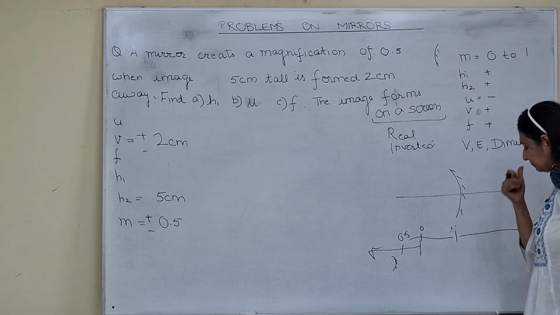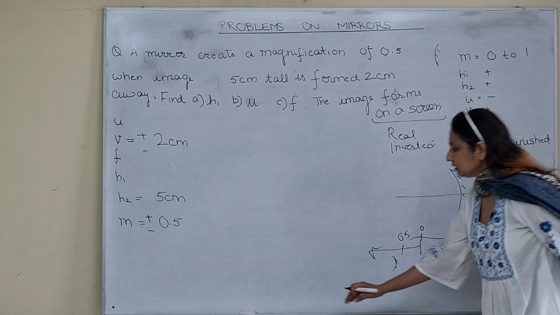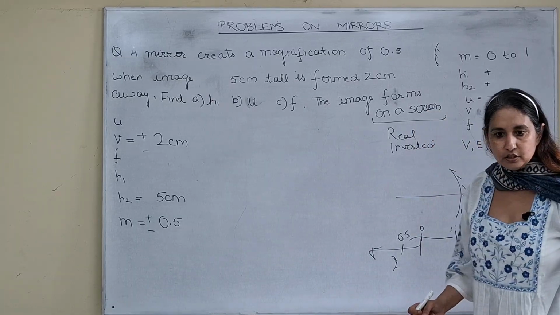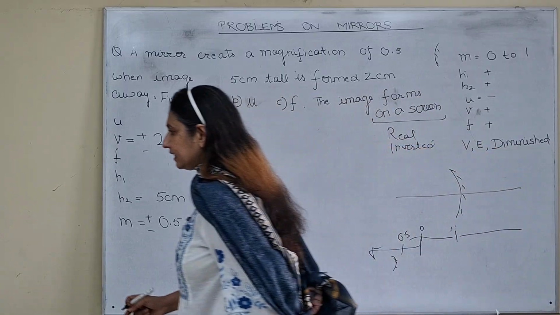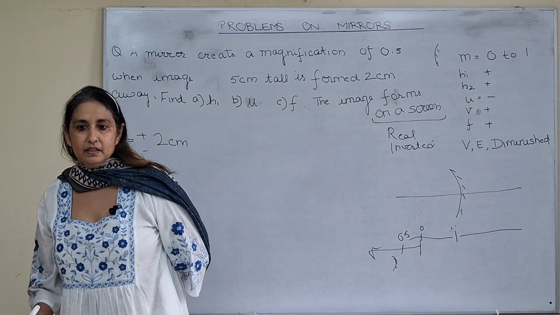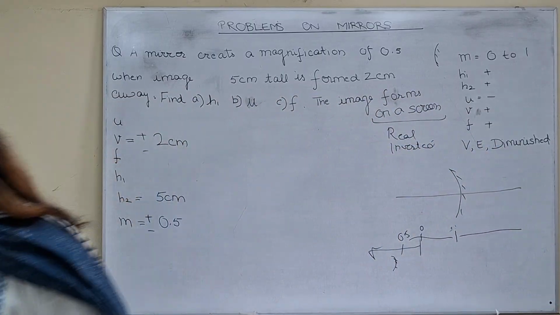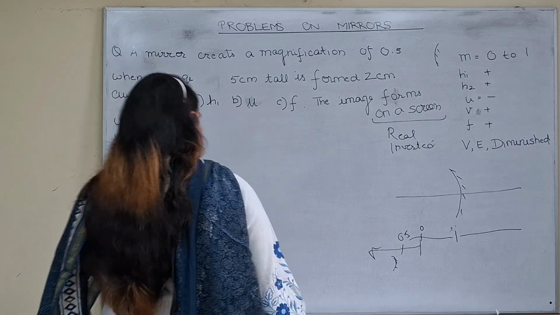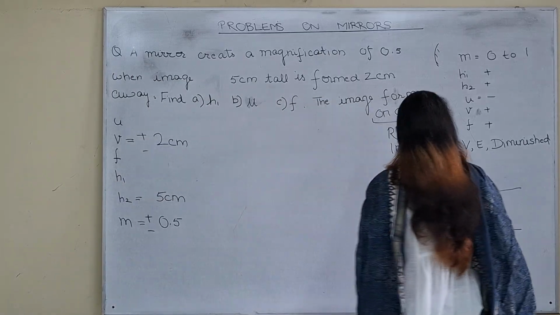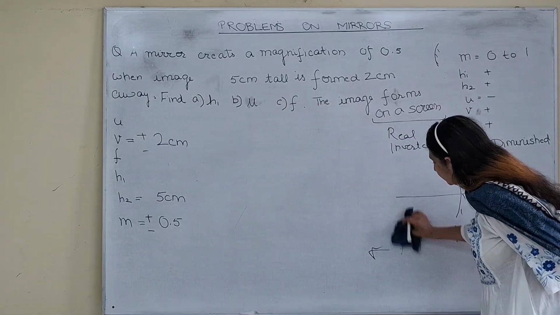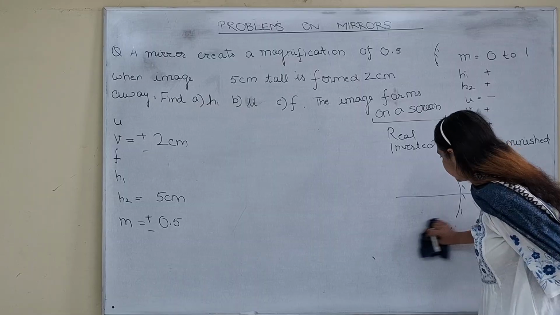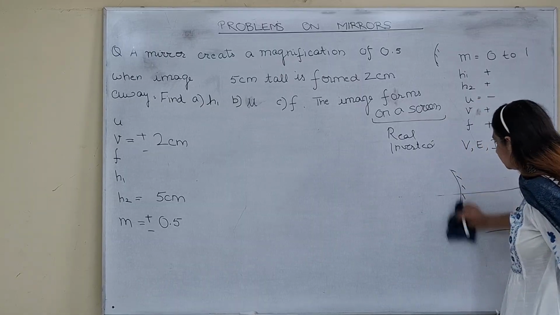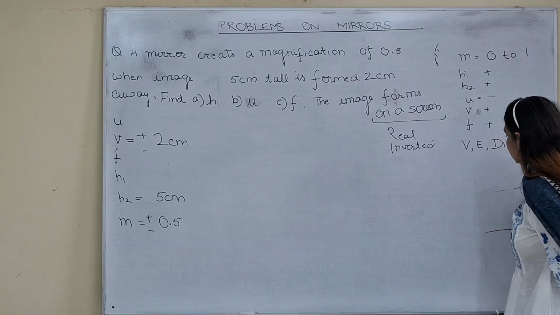Sorry for the dirty word. So it is in the range of concave mirrors only on the negative side. Excuse me. It's on the left hand side and it is inverted. Okay, so the magnification sign that we'll have to put is negative.